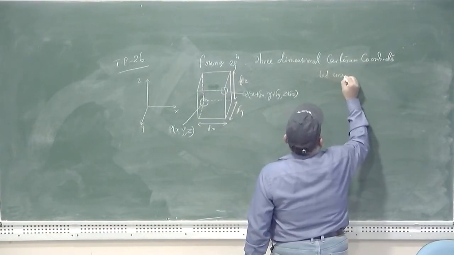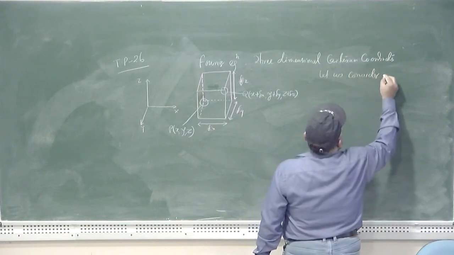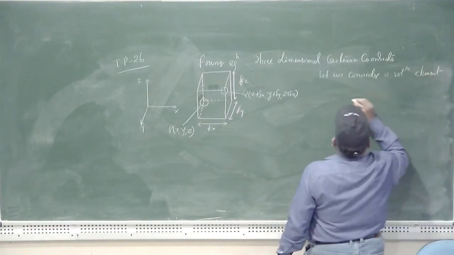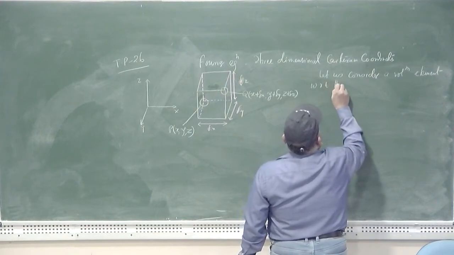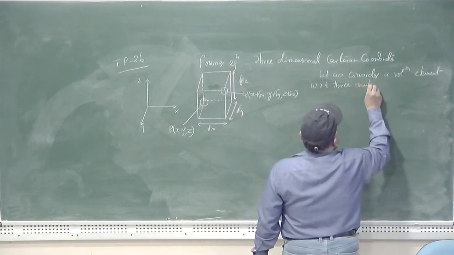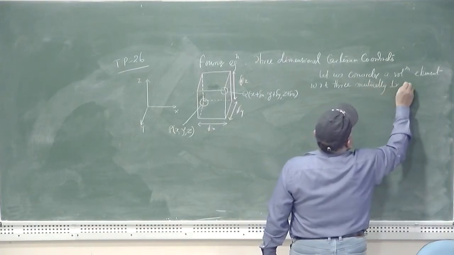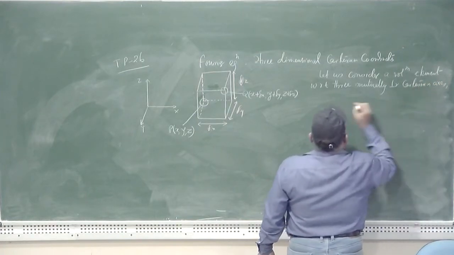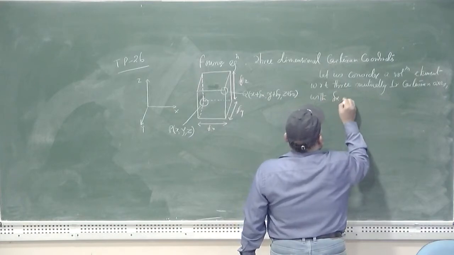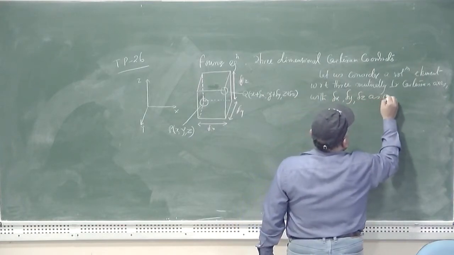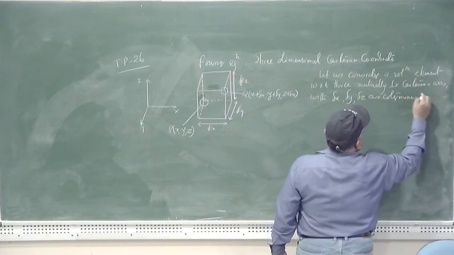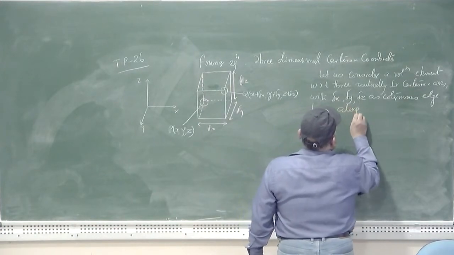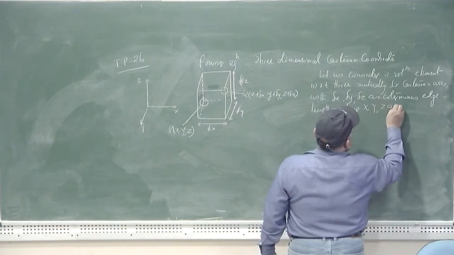Let us consider a volume element with respect to 3 mutually perpendicular Cartesian axes, with delta x, delta y, delta z as quarter minus edge lengths along x, y, z axes respectively.